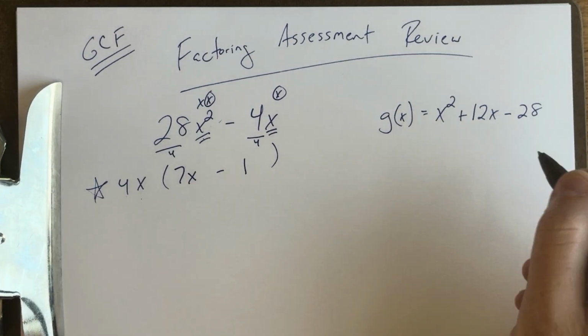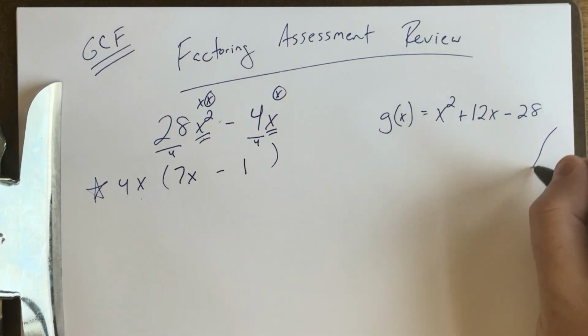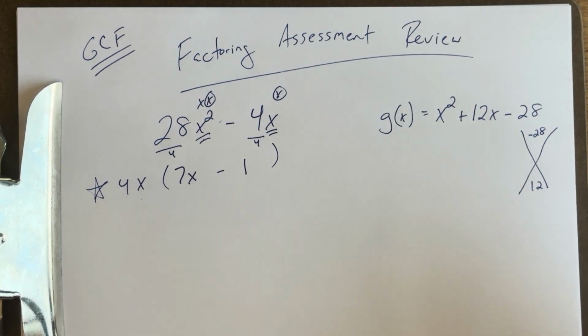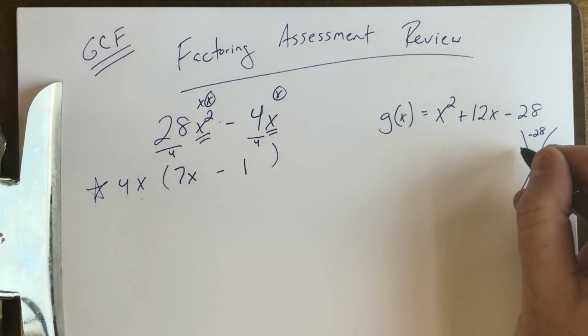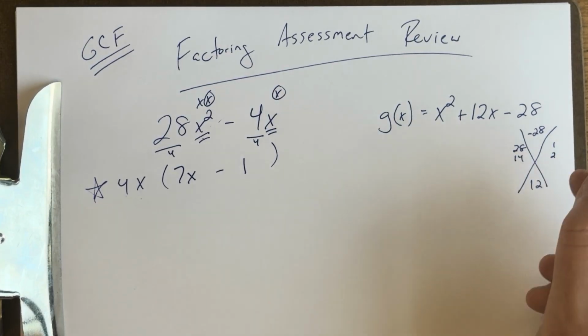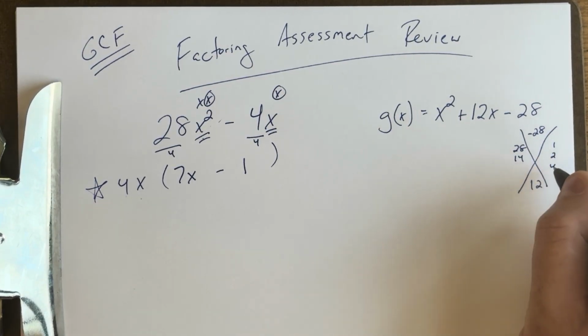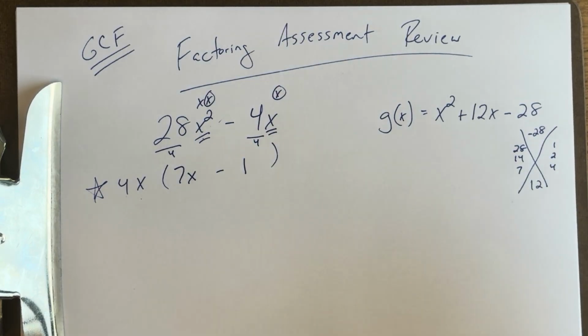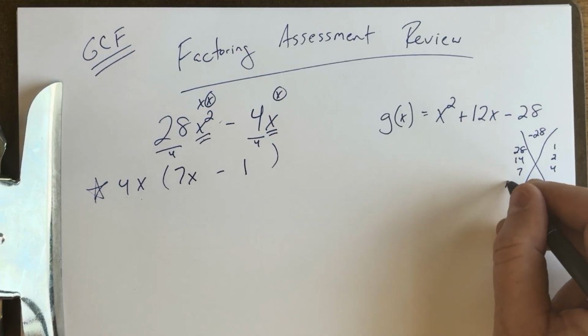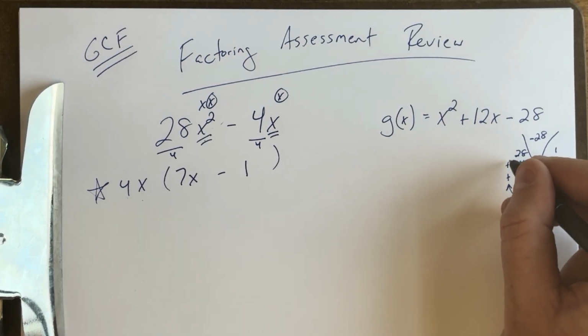Okay. So what I'm going to do is the whole x thing that we talked about, negative 28, positive 12. So the factors of 28 are going to be 28 and 1, 14 and 2, 4 and 7. All right, positive 12 means that the larger number is going to be positive.